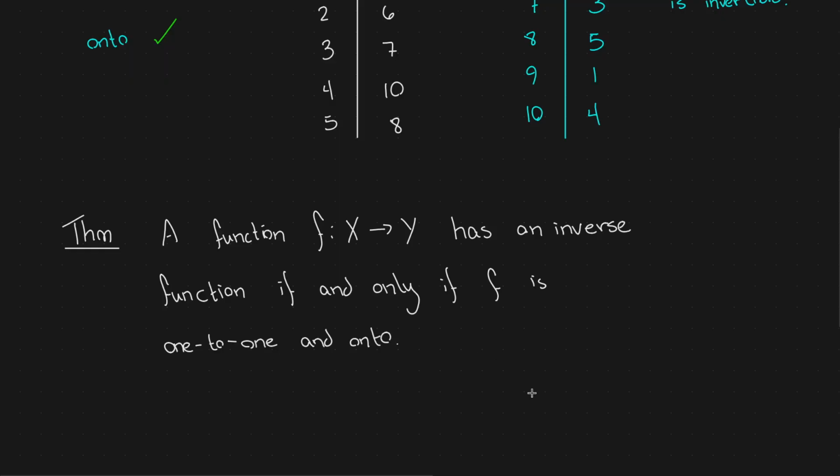If it meets both those criteria, then f is guaranteed to have an inverse function. If either one fails, if it is not one-to-one or not onto, then f will not have an inverse function.